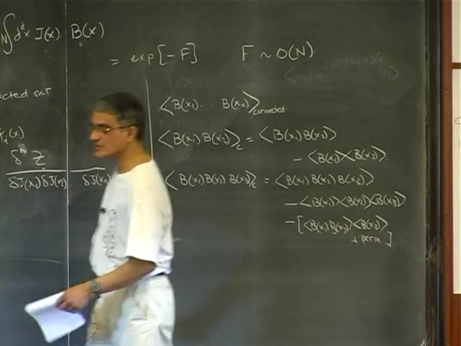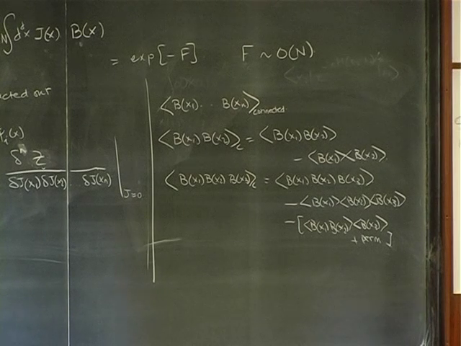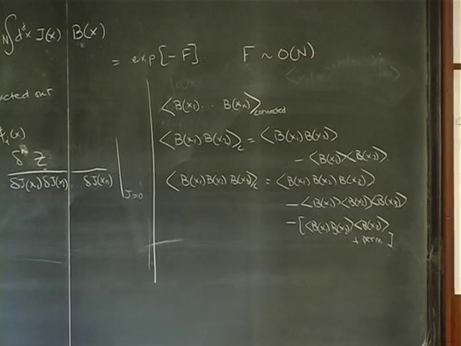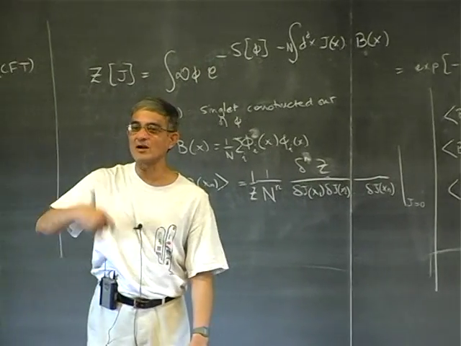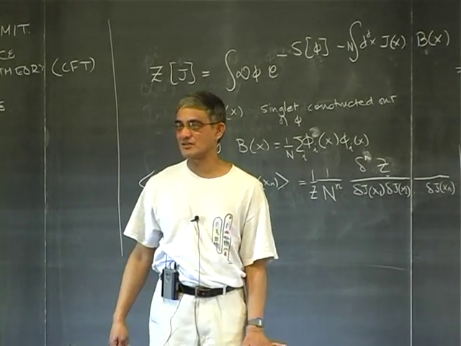So basically the idea is you take the full answer and subtract from this anything which is a lower order correlation function multiplied by what is left. So that's the idea.